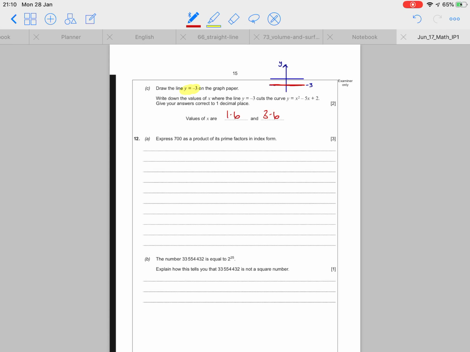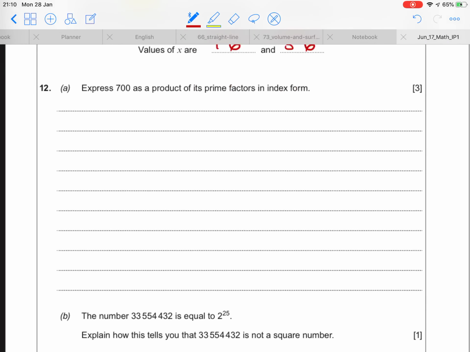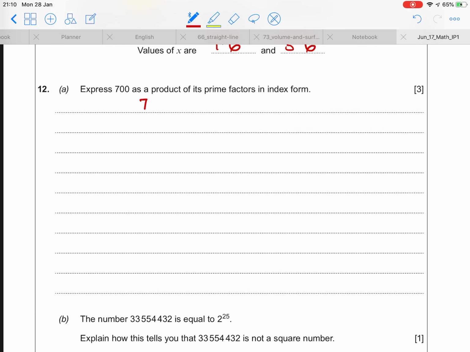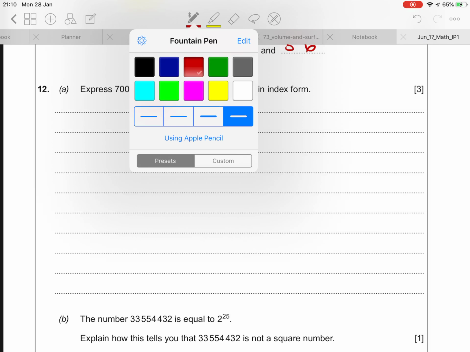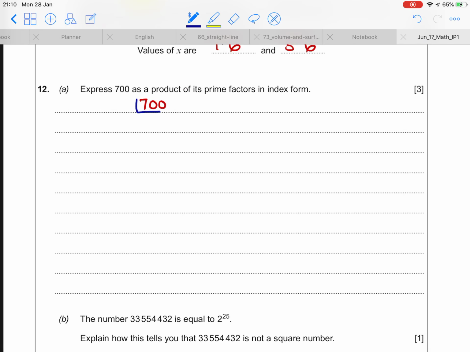Question 12. Question 12 asks us to break 700 down into a product of its prime factors. So starting with 700. Dividing it by 2 will make 350. Dividing it by 2 will make 175. Dividing it by 2 again can't do.